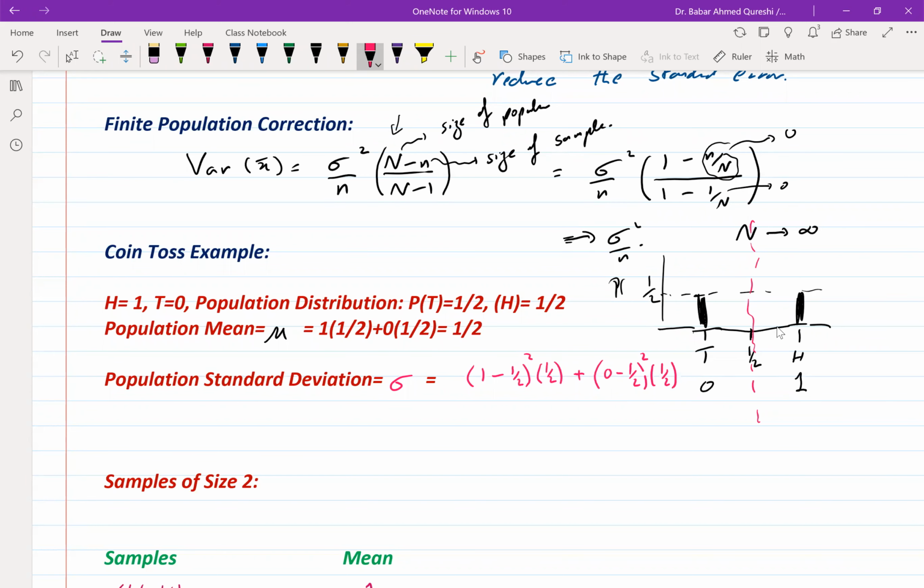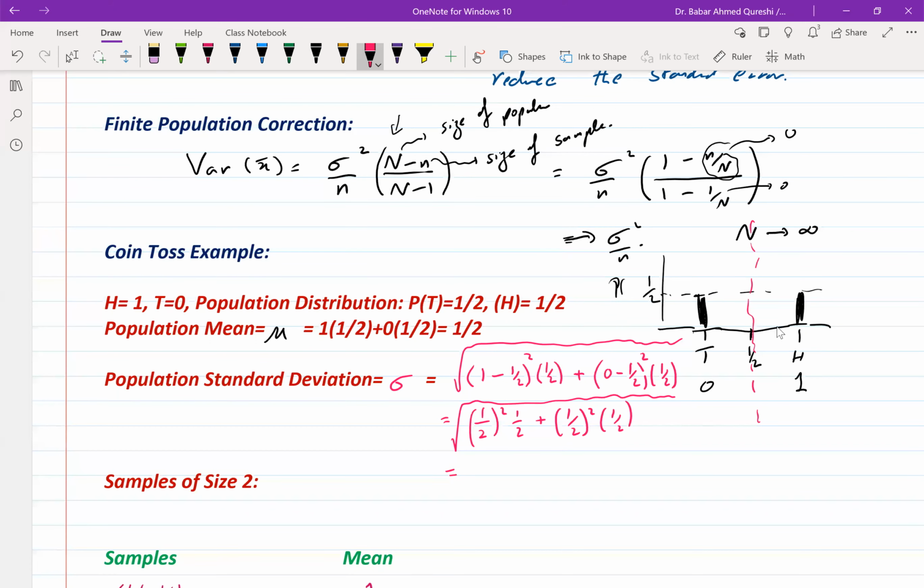So this is (0 minus half) squared times half, plus (1 minus half) squared times half. This is variance, sorry. I will then have to take a square root to get the standard deviation.